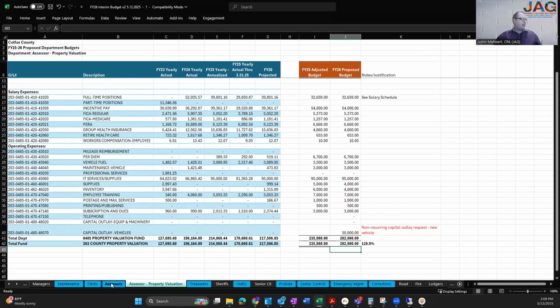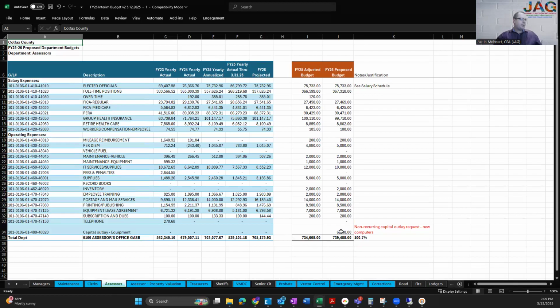And on the subject of assessors, not the property valuation, but I also added a request for laptops. I think it was 5 at $1,250 per. Yeah, I just rounded up for tax a little bit.